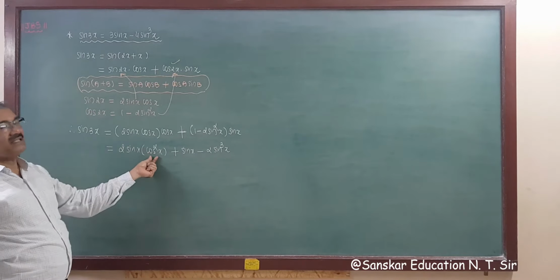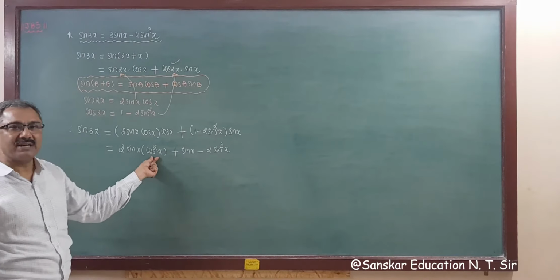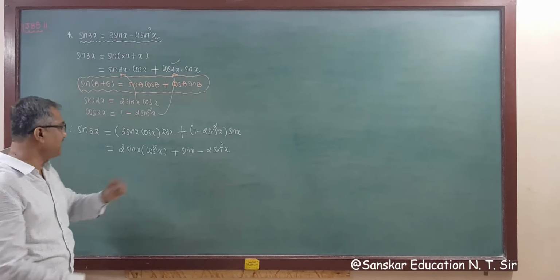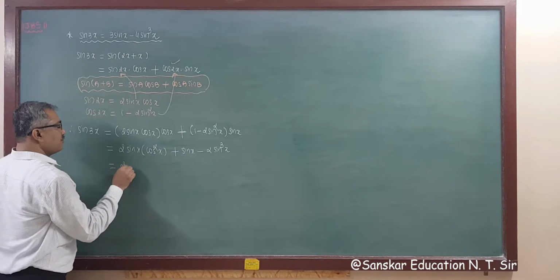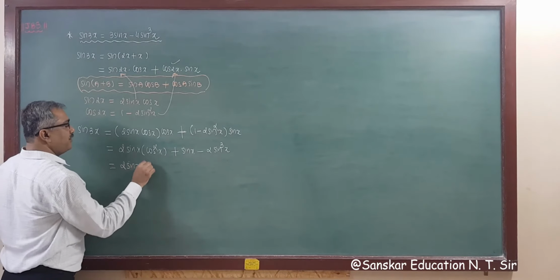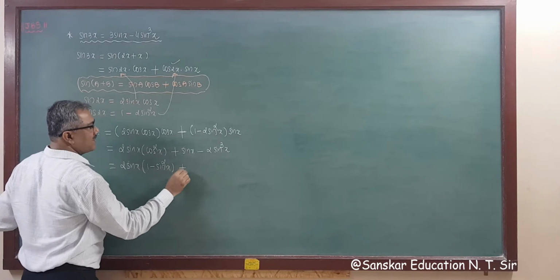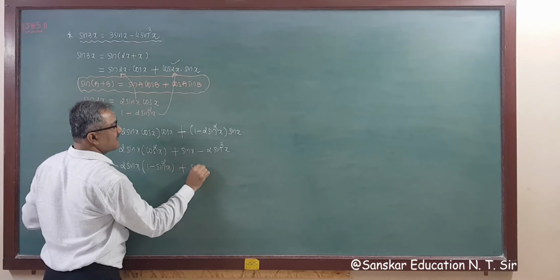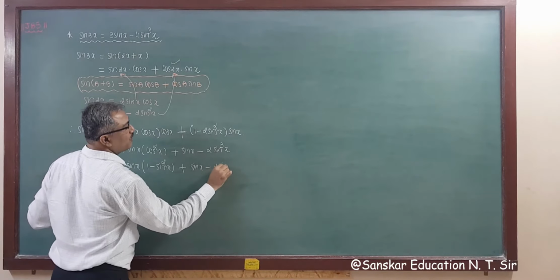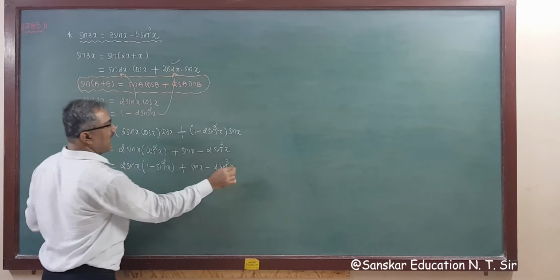Again this cos is not required, so applying cos square x is 1 minus sine square x. So we get 2 sine x into 1 minus sine square x plus sine x minus 2 sine cube x.